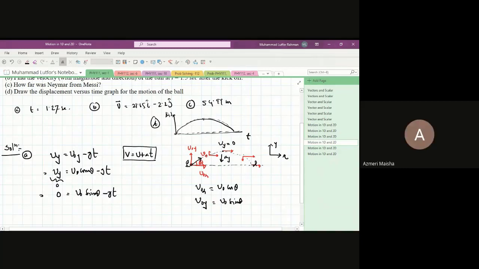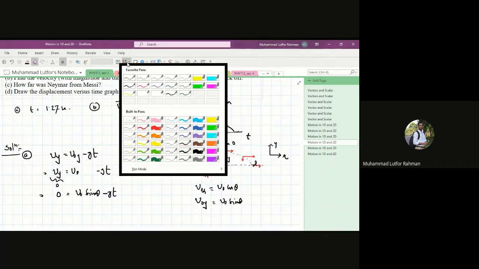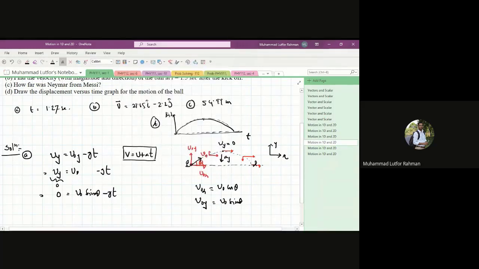Sir, why did you take sine in the next line? V naught sine theta. Oh, sorry, yes. It should be sine theta. I made a mistake over there. Because V naught y I'm writing over here, right?